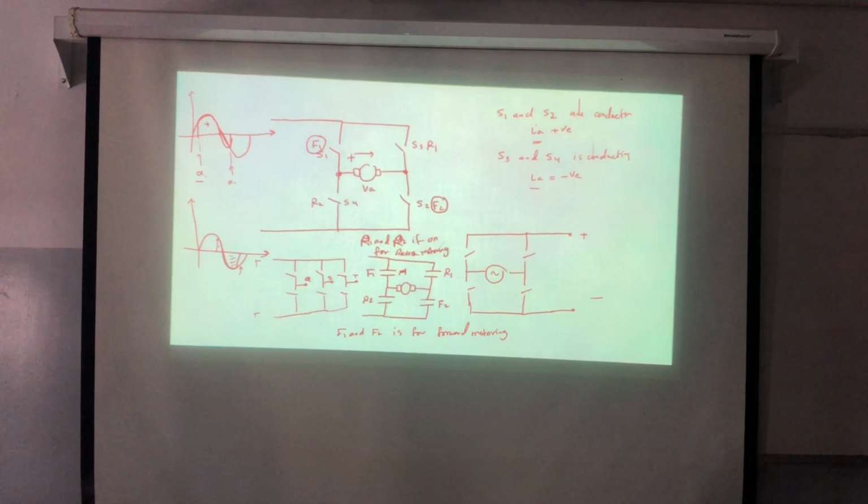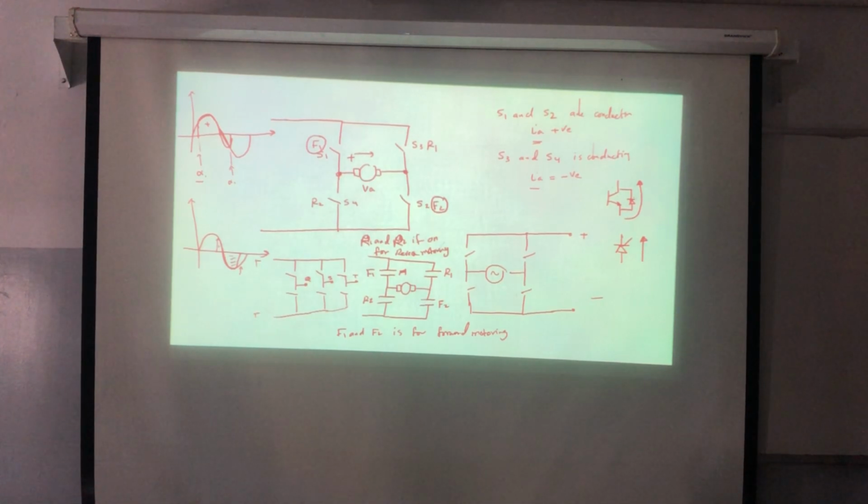Now, if F1, F2, it's a thyristor or what? This will depend on if I'm having IGBT. In the IGBT, I'm having a freewheeling diode, which means that I'm having a path for the current. If I'm having a thyristor, in this case, I have only one direction for the current.